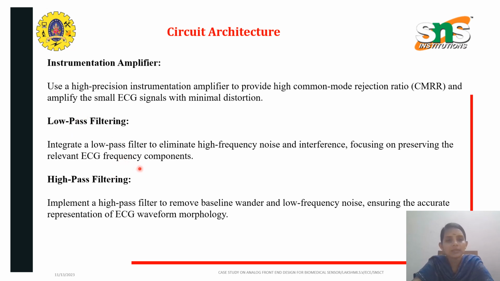We require this low pass filter to eliminate high frequency noise while preserving the original content of the ECG signal. Next we implement high pass filtering. This is to remove the low frequency noise and ensure the correct representation of the ECG waveform.